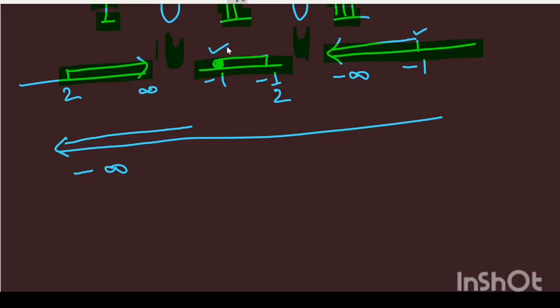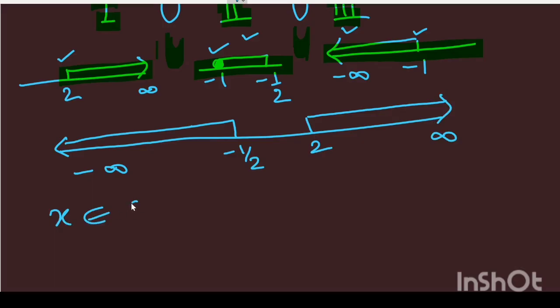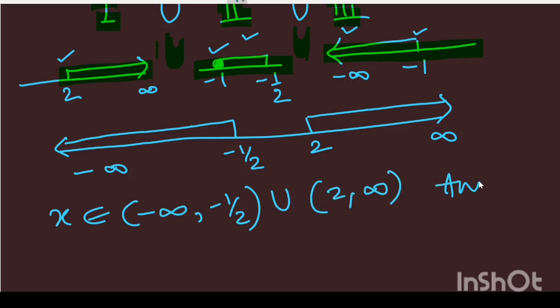Here it starts again, so minus 1 goes in continuation till minus half. This is the joining of second and third. Now again, after minus half we start with 2 to infinity. So the answer is minus infinity to minus half, open, union, open, 2 to infinity, guys. That is the answer.